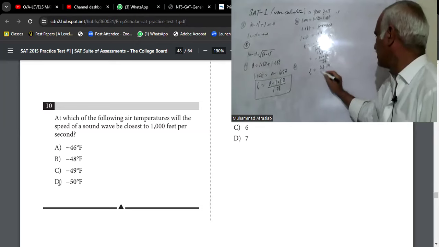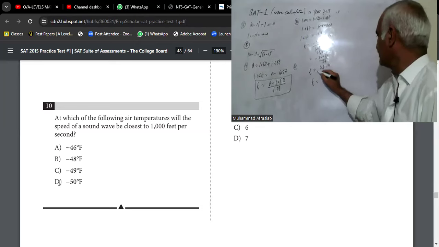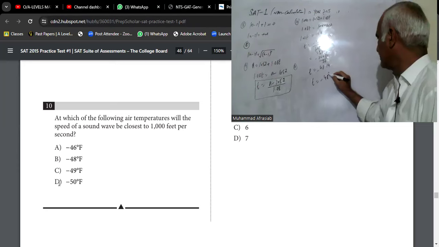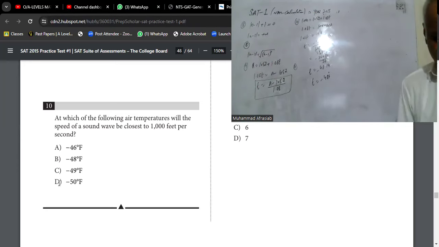So the nearest value is 48. So T is minus 48 Fahrenheit for this temperature. And this is the answer for question part B.